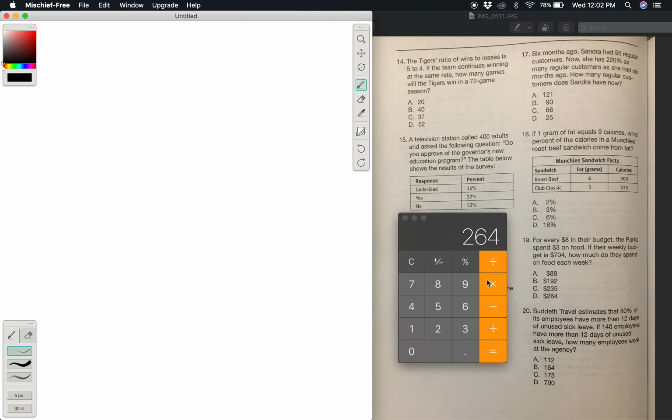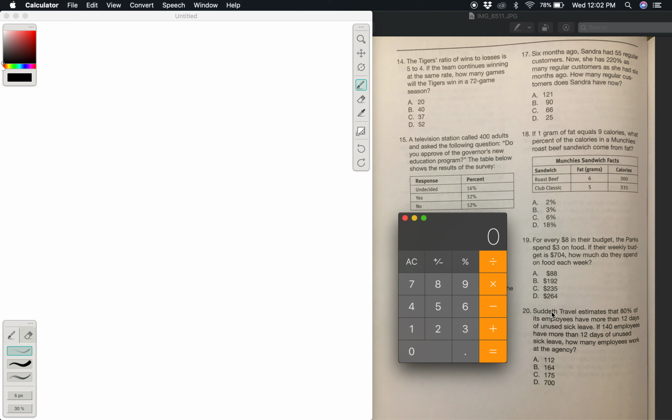Now, Sudeth Travel estimates that 80% of its employees have more than 12 days of unused sick leave. If 140 employees have more than 12 days of unused sick leave, how many employees work at the agency?